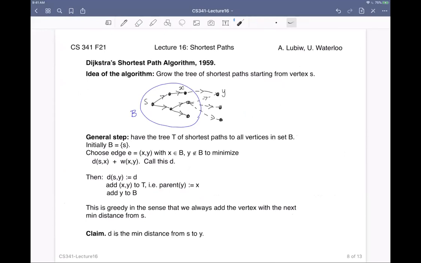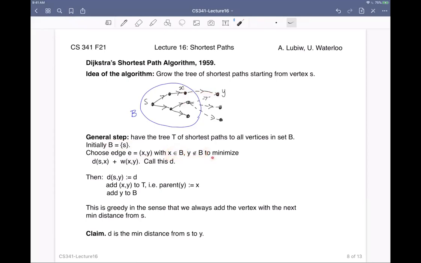So again, just a little more in words, we have the tree of shortest paths to all the vertices in the set B. And initially B is just S. We are going to choose one new edge. Here it's shown as the edge X to Y, where X is in my set B and Y is outside that set.